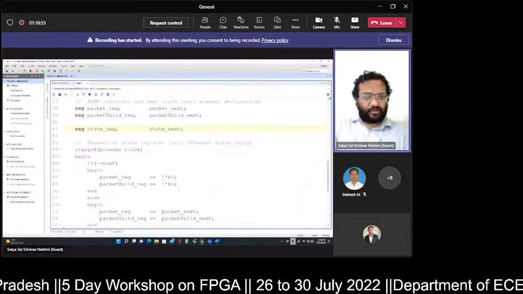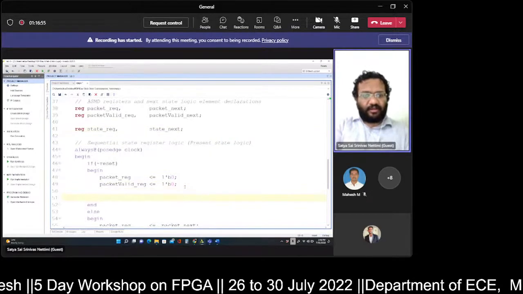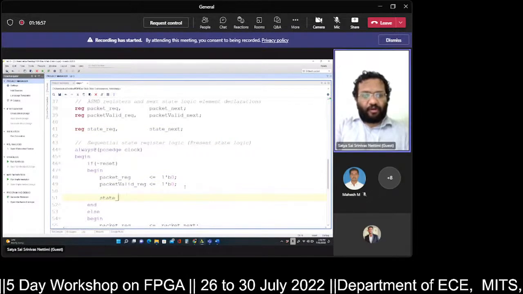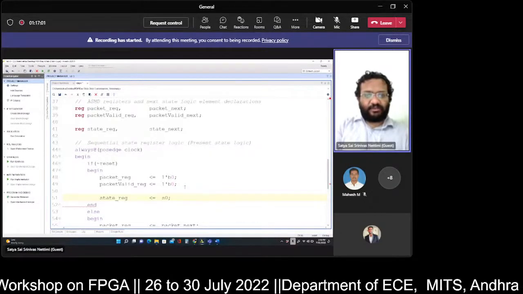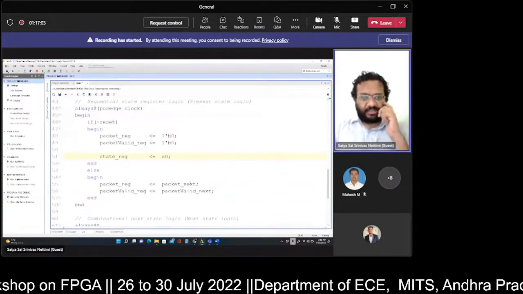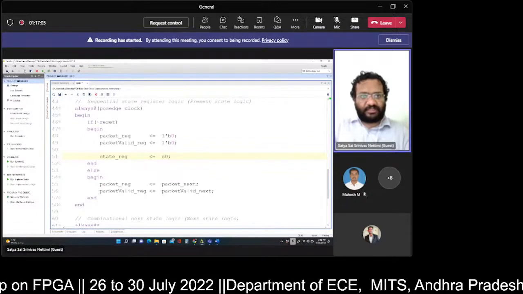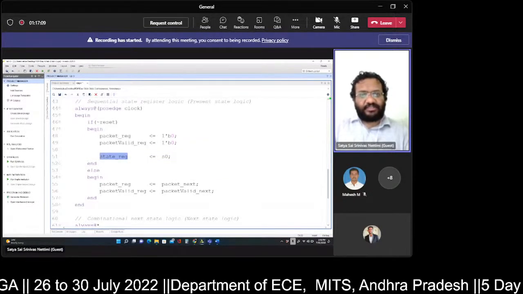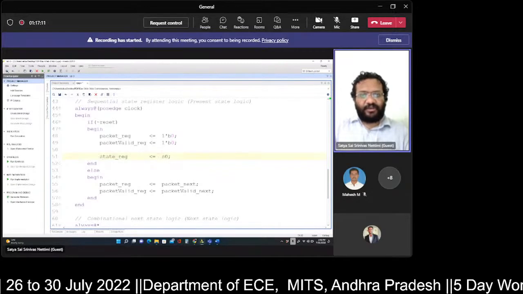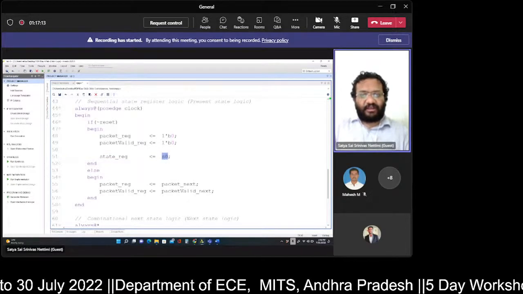Next, the state logic counterpart. Upon reset, the FSM should enter into the S0 state and it should stay in the S0 state by default. That's why on reset condition, the state register is reset to 0. But here I didn't use 0, I gave S0.